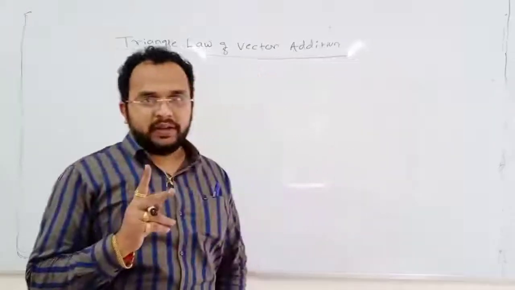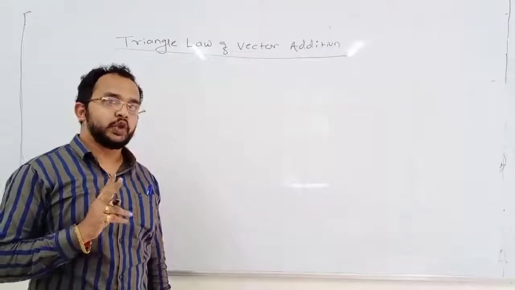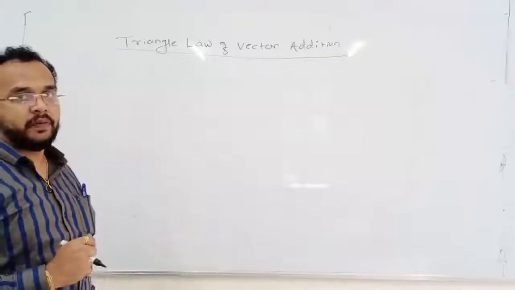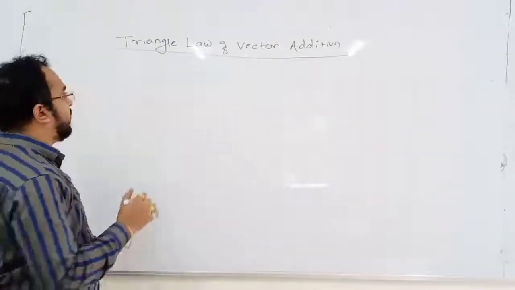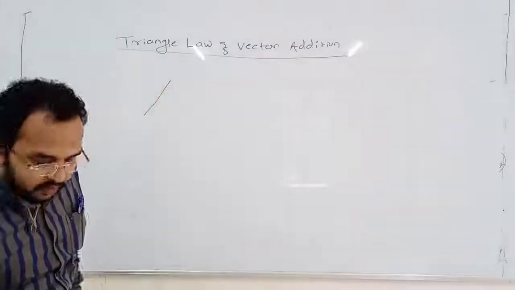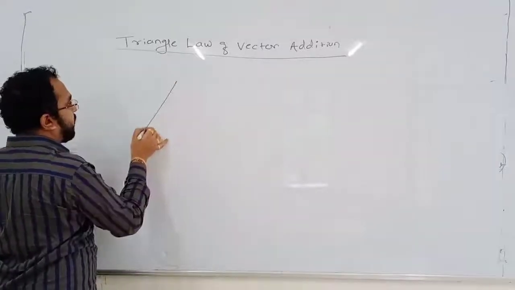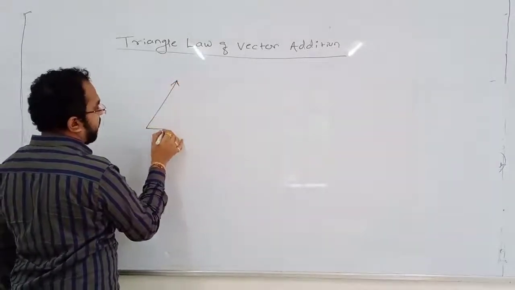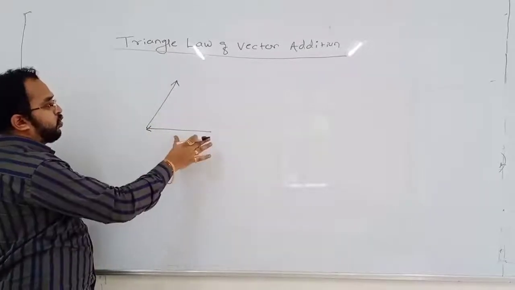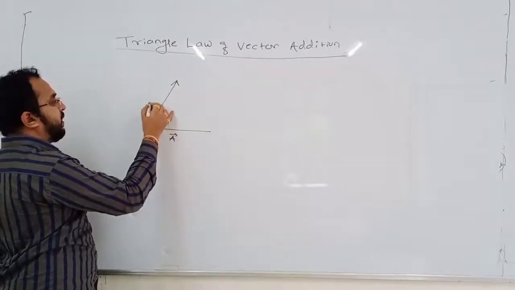If two vectors or two lines describe two vectors in magnitude and direction as the sides of a triangle in the same manner, or if two vectors are such that they represent two sides of a triangle, suppose this is vector A, this is vector B.